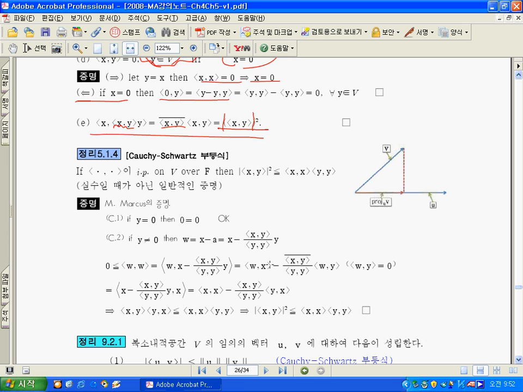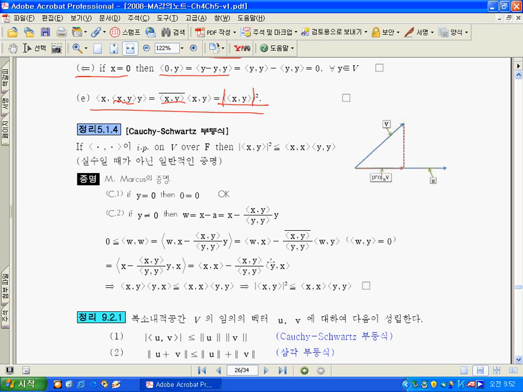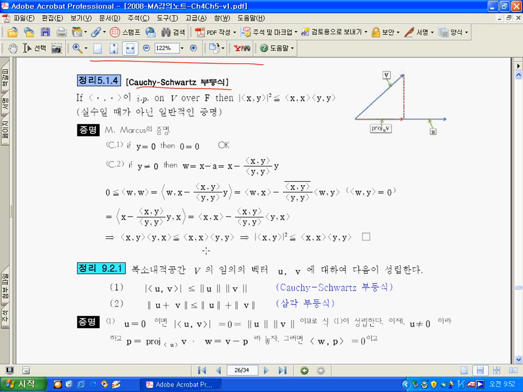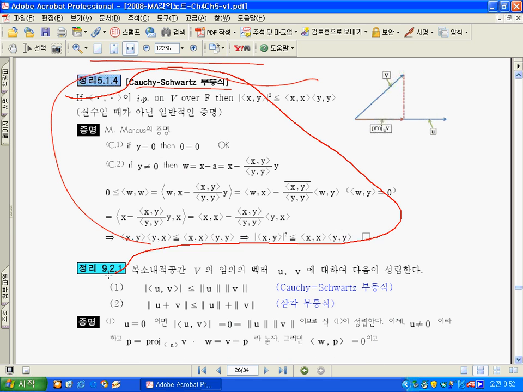We are heading for the inner product space. Before we do so, we have the Cauchy-Schwarz inequality.